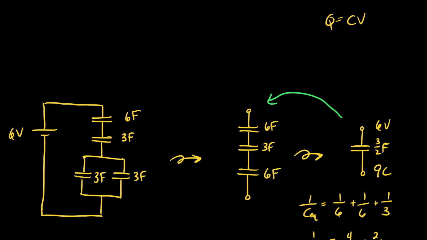Well, I'm going back to a series, so I grab the series rule and apply it to the capacitors that are in series. Every capacitor in series there must have 9 coulombs of charge because the equivalent capacitance had 9 coulombs of charge. But that's not really the capacitance that was there. It was 3 capacitors in series. So in going back to series, we apply the charge: 9 coulombs, 9 coulombs, 9 coulombs.